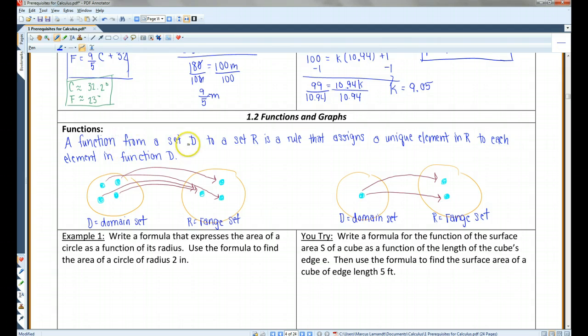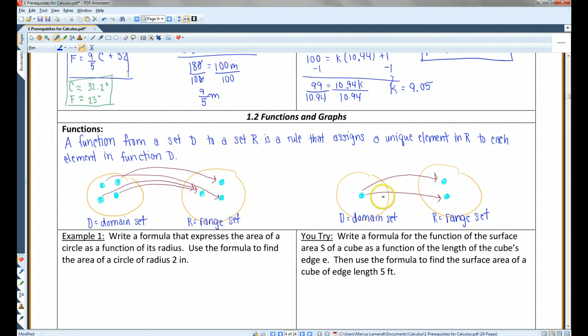A function from set D to set R is a rule that assigns a unique element in R to each element in D. Okay, so if these blue dots represent elements in the domain, each of them corresponds with something in the range. You can even have two elements in the domain correspond to the same element in the range.